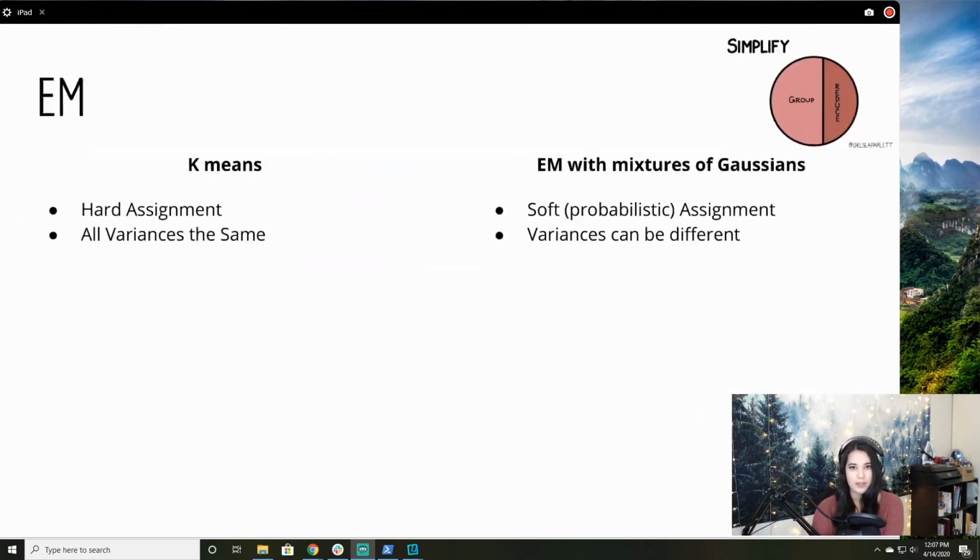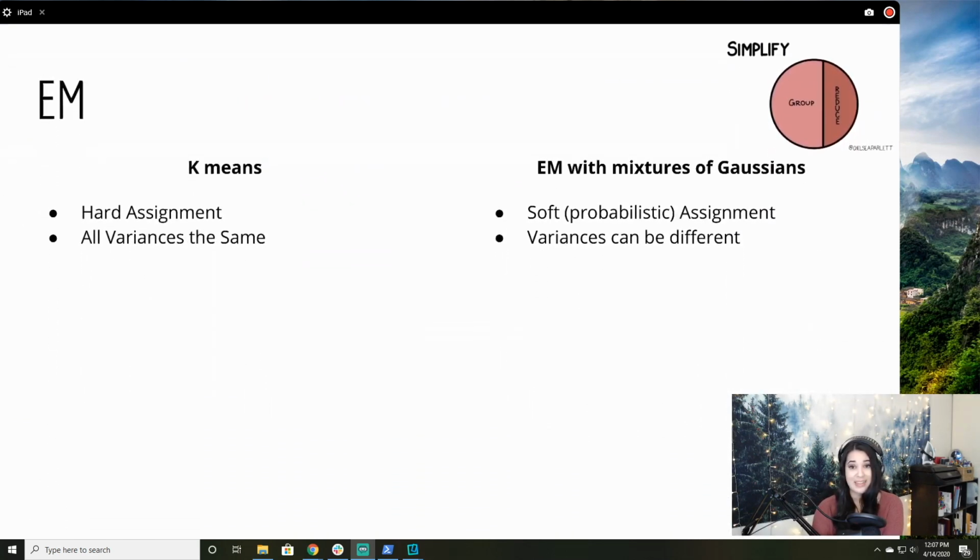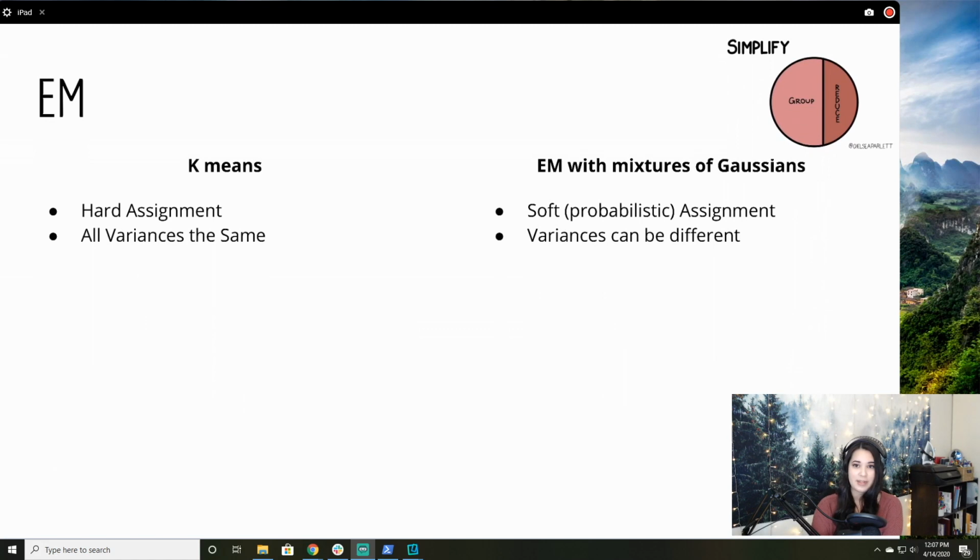I'm going to talk a lot about the similarities between K-means and expectation maximization with mixtures of Gaussians, but let's really quickly talk about the differences. When we do K-means, we assign each data point to a particular cluster. It's not a member of any other cluster. It is only a member of the cluster it's been assigned to. This is called hard assignment because the labels are very strict.